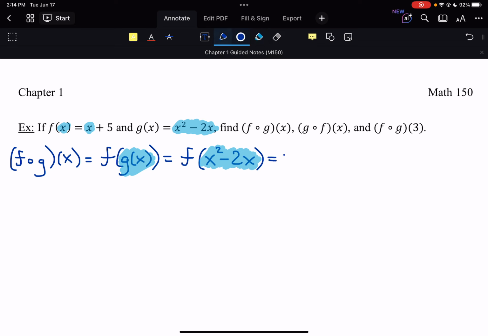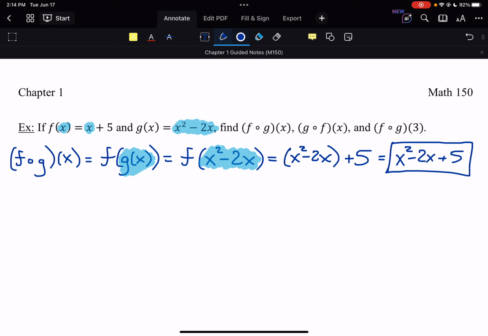So this is going to be x squared minus 2x plus 5. And that's pretty much it. There's not much more we can do to that. And that would be f of g.